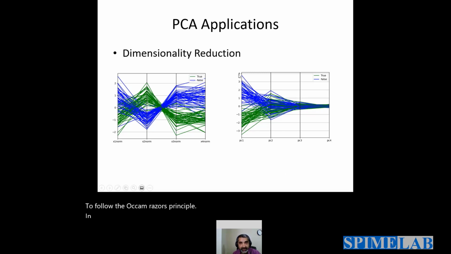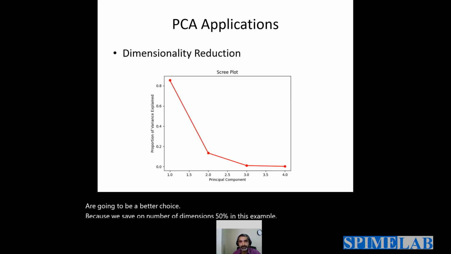So principal component analysis generated features are going to be a better choice because we save 50% on the number of dimensions in this example. How do we choose?